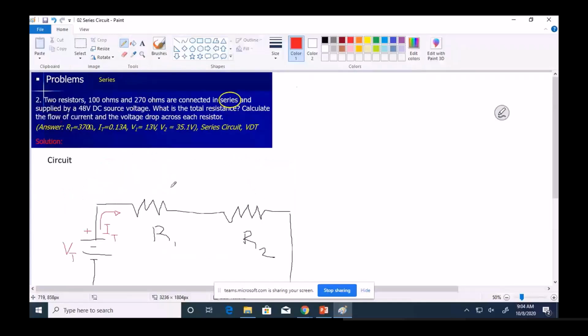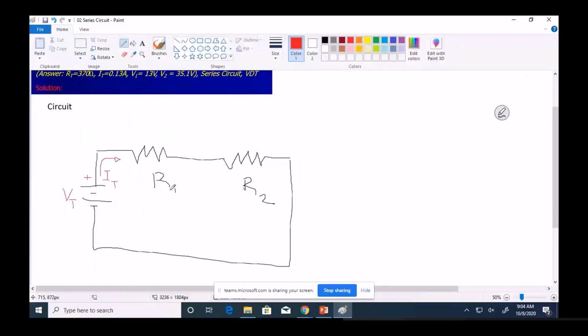Since we have values of R1 and R2, it builds up a voltage drop, V1, across this, and a voltage drop across here. So this is the circuit you will have.